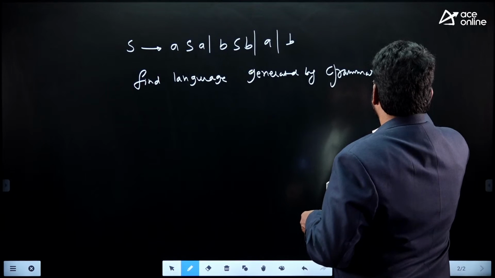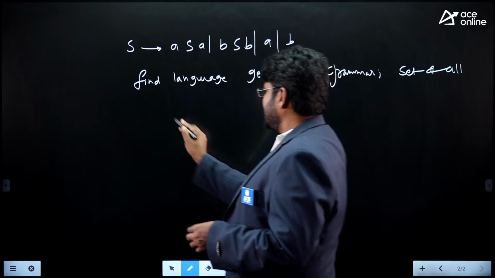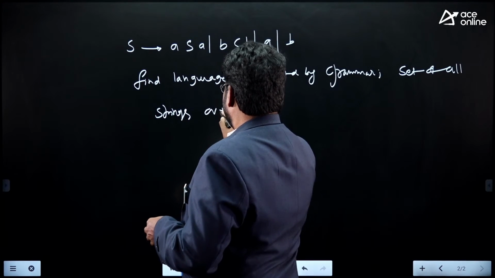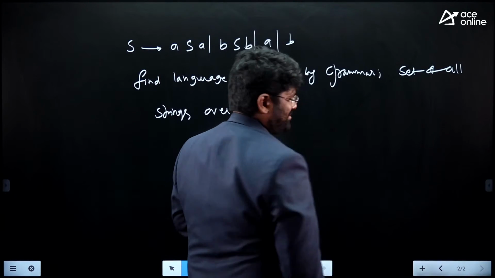What is it? It's a set of all strings over {A, B}.